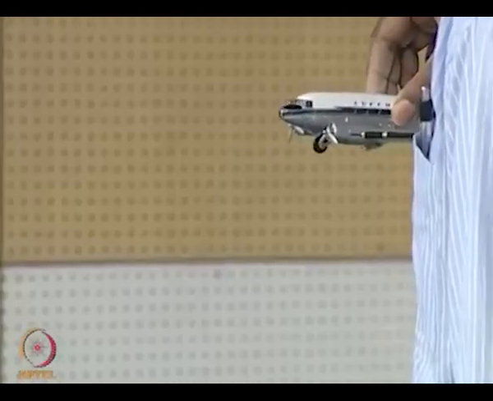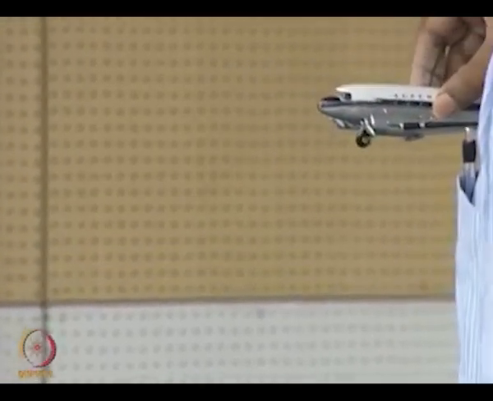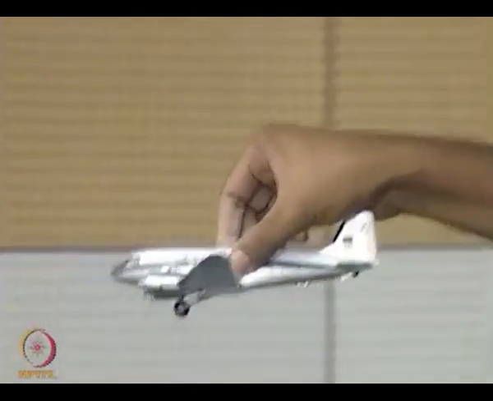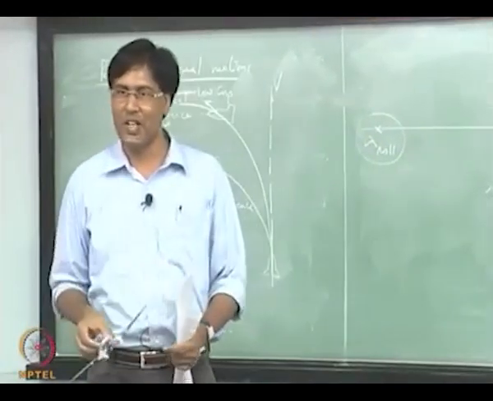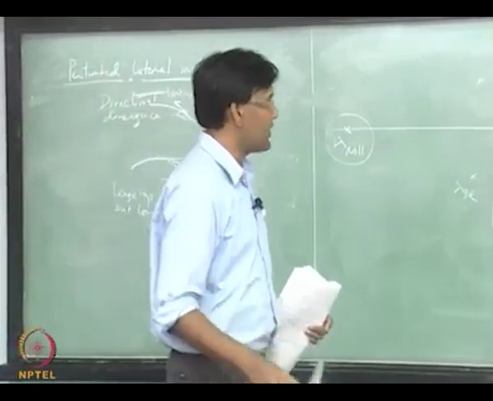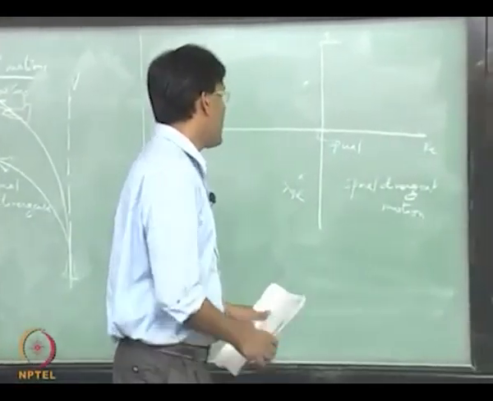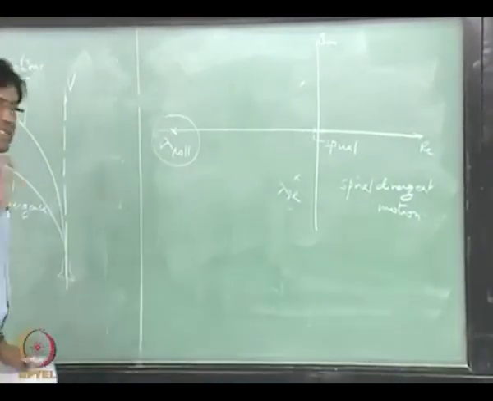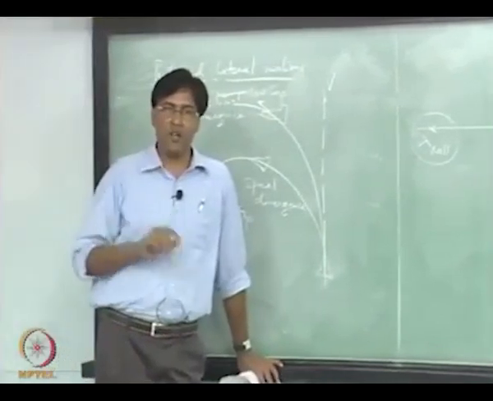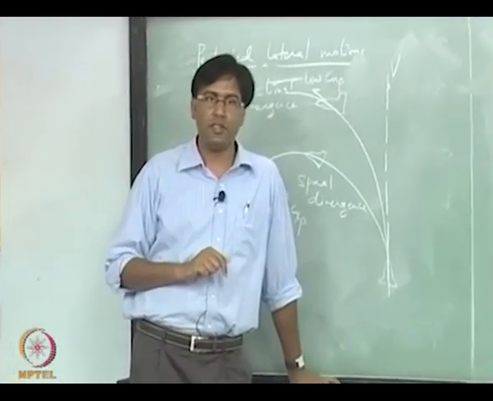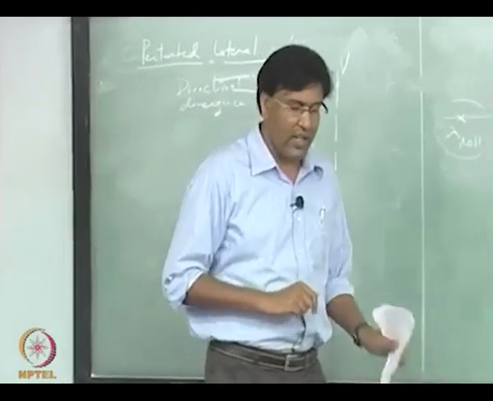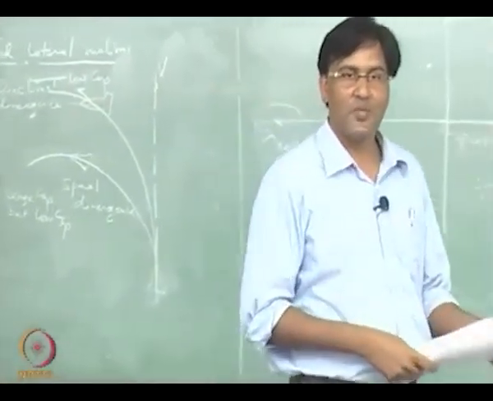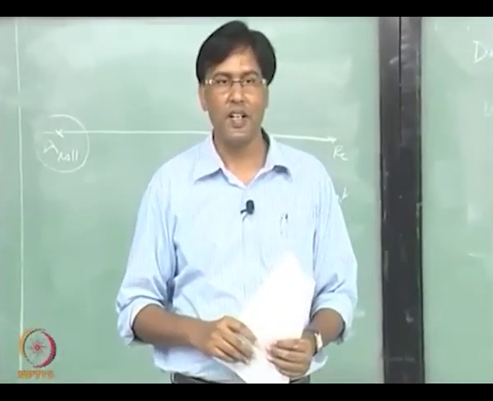Maybe it needs a little practice. Something like this. So it looks like it is rolling, but it is not really rolling, though there is a very little amount of roll involved. That is not supposed to be a closed loop thing. Yeah, this is what we actually observe in flight.